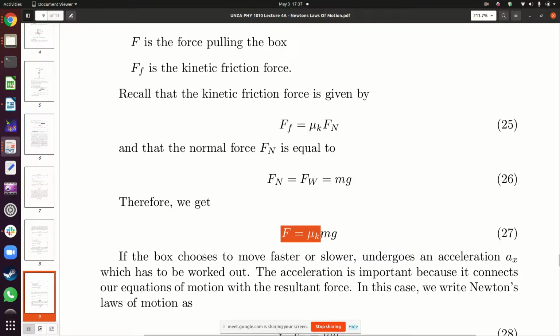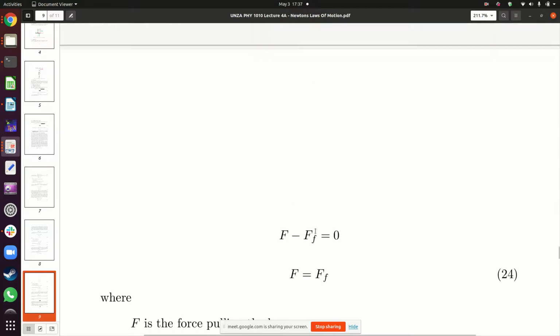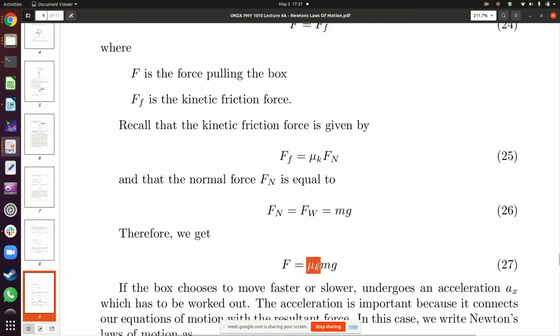Now, these expressions, pulling force equals the coefficient of kinetic friction multiplied by the weight of the object, equation number 27, and equation number 22, are very, very similar to each other. The only difference is that here you've got the coefficient of static friction, and here you've got the coefficient of kinetic friction. Now, it turns out that the coefficient of static friction is always greater than the coefficient of kinetic friction.